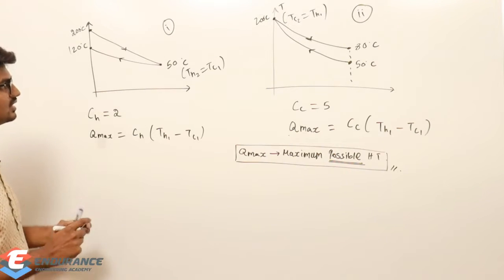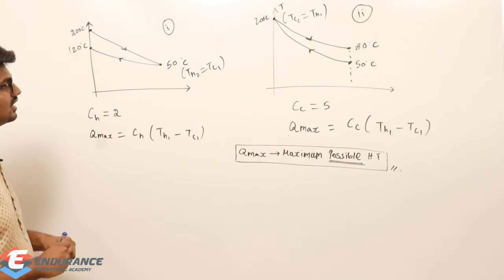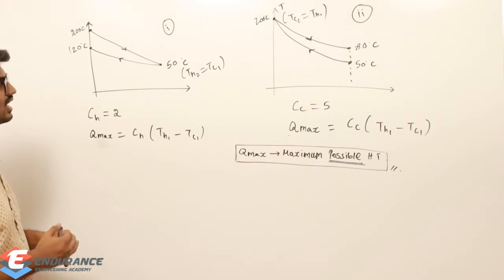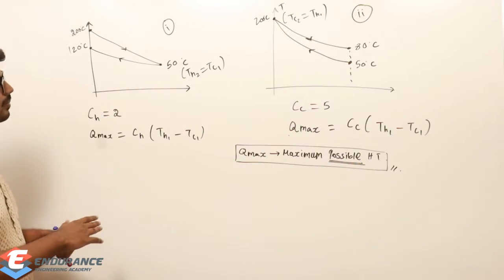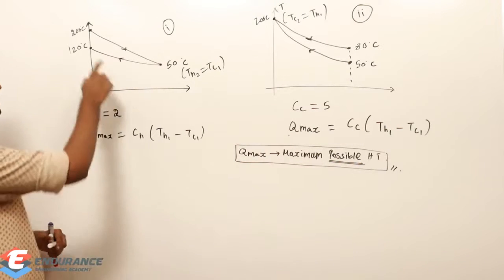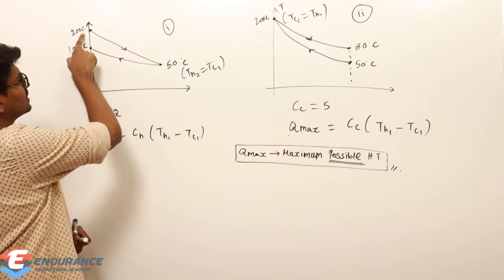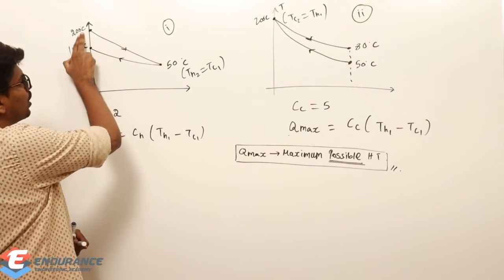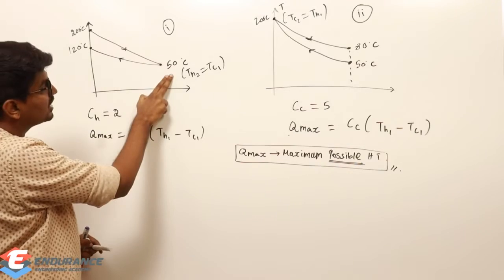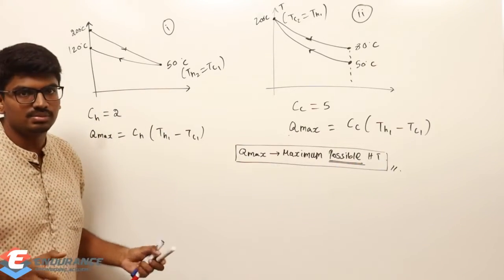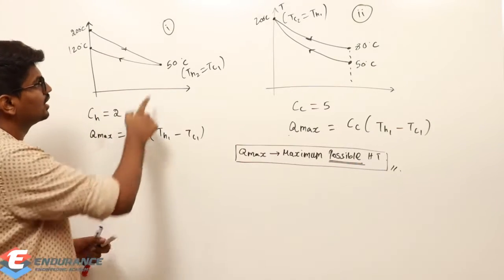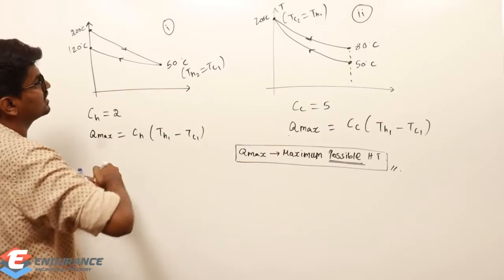First, let us take this case. What does this case state? This case states that there will be maximum temperature drop in the case of the hot fluid. The temperature of the hot fluid is dropping from 200 to 50 degrees Celsius. I am taking that as my example.